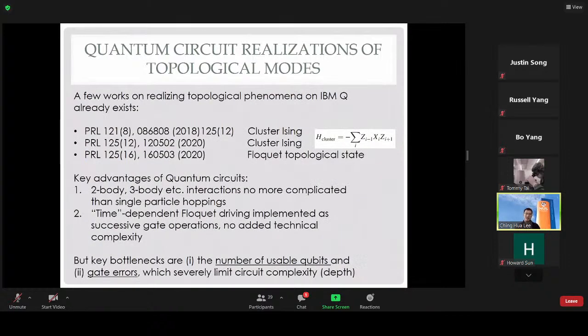Okay, so the IBM Q quantum computer is not really just used for topological simulations, of course. In fact, if you search arXiv, there are already hundreds of papers about IBM Q applications, but they usually talk about, say, error correcting codes or different computer science applications, or optimization and maybe hybrid machine learning algorithms.